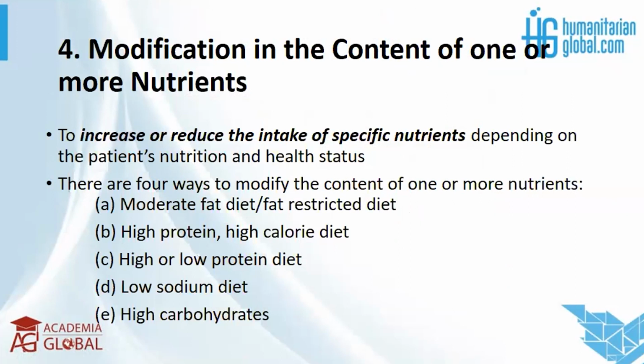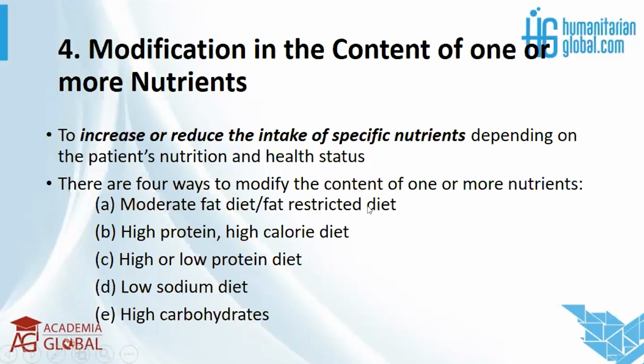The fourth way is modification in the content of one or more nutrients. The purpose of this is to increase or reduce the intake of specific nutrients depending on the patient's nutrition and health status. There are a number of ways to do that. You can have a moderate fat diet or fat restricted diet, that is low fat.